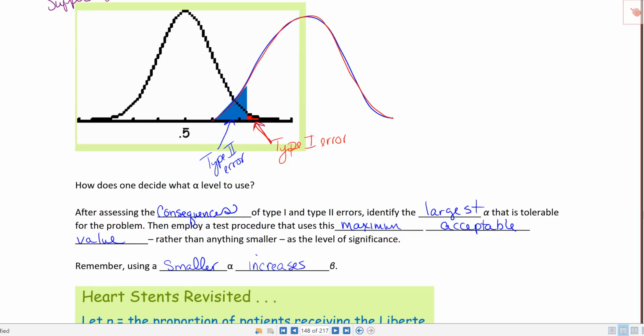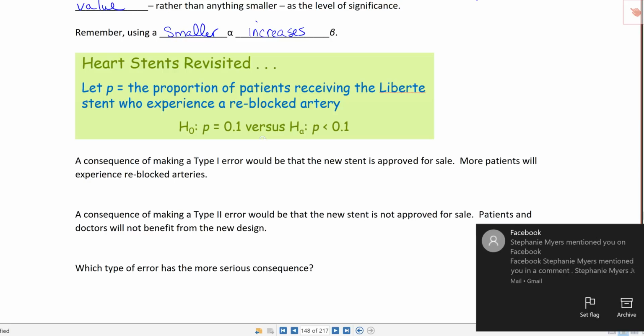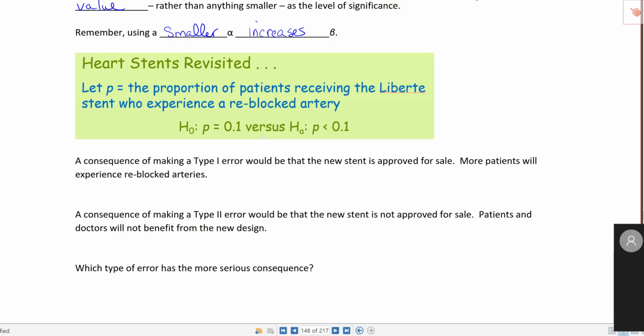So when we look at this heart stents example, and we kind of talked about this a little bit already, the consequence of making a type 1 error would be that the new stent is approved for sale and more patients would experience reblocked arteries. The consequence of making a type 2 error would be that the new stent is not approved for sale and patients and doctors wouldn't benefit from the design. So which one has the most serious consequence?